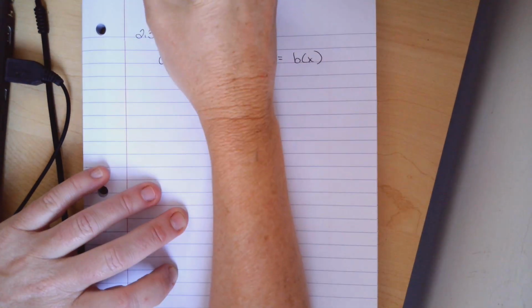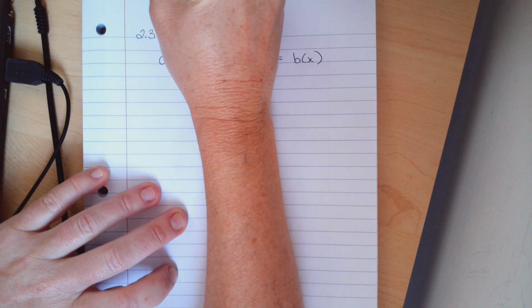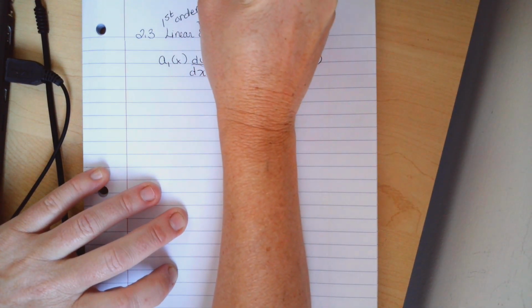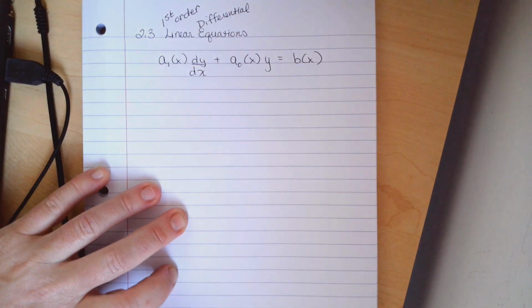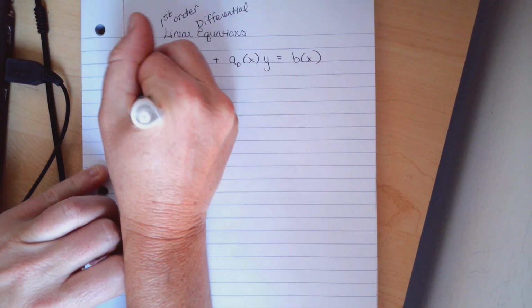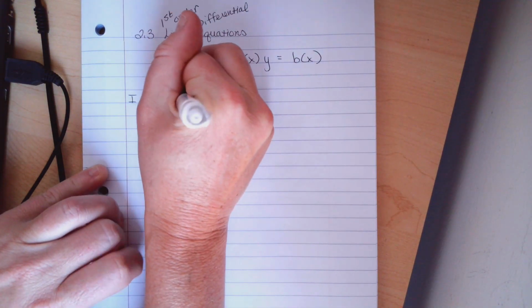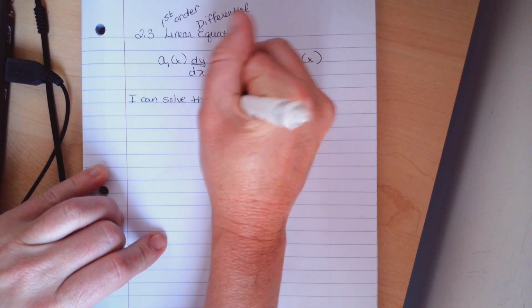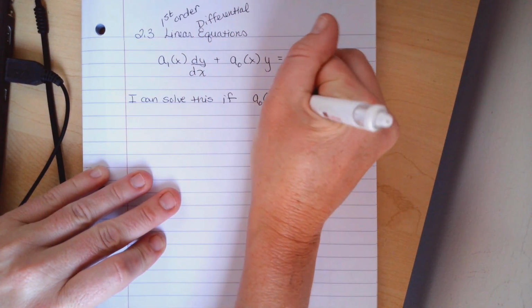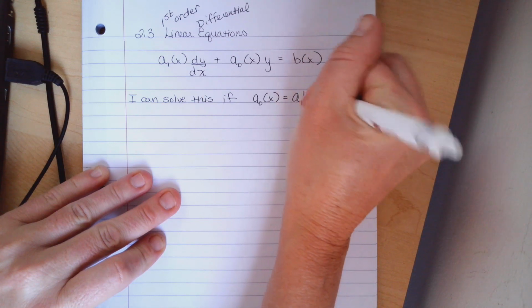So this is a first order linear differential equation, to be more specific. And I know that I can solve this if a naught of x equals a1 prime of x.